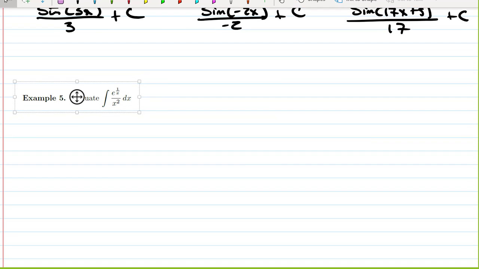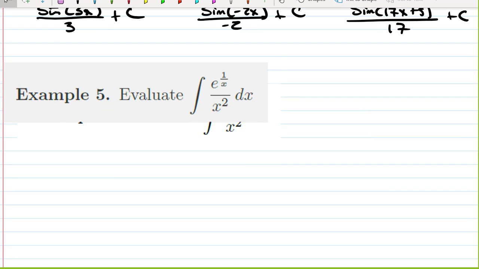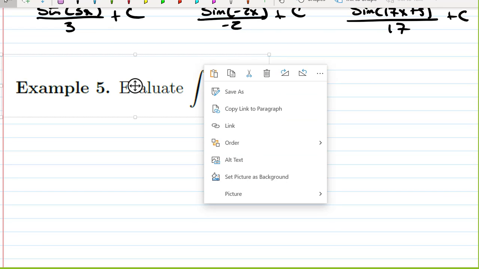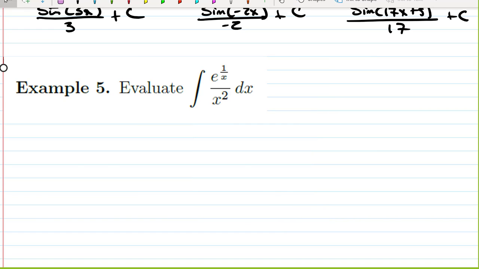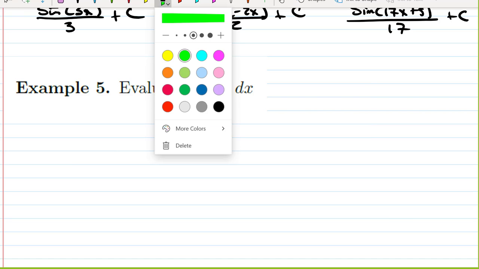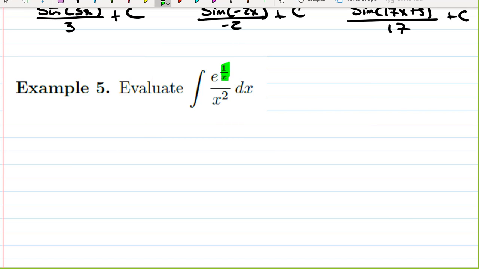So we wish to evaluate the following integral. So we have the integral of e to the 1 over x divided by x squared dx. So we look for the thing that's inside, and our inside function this time is going to be 1 over x.